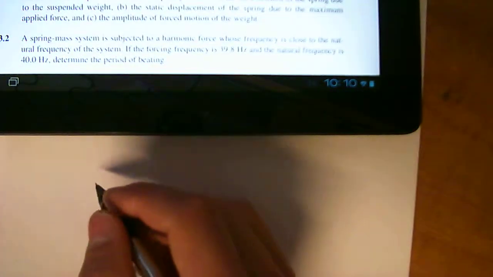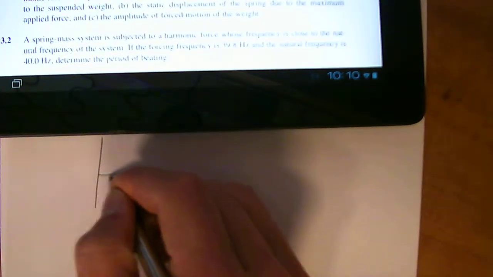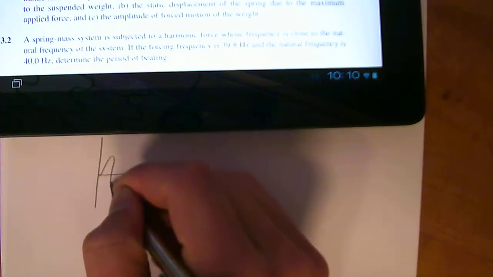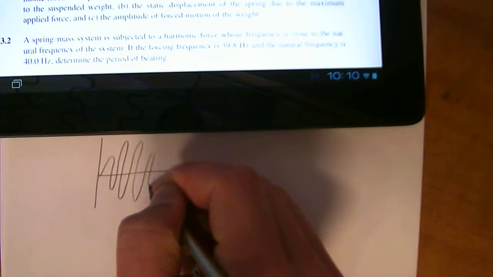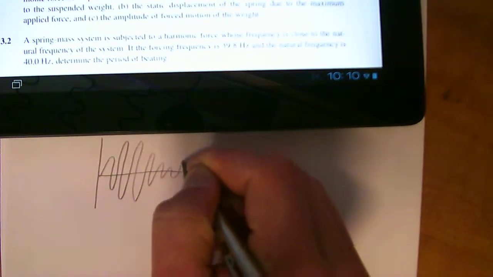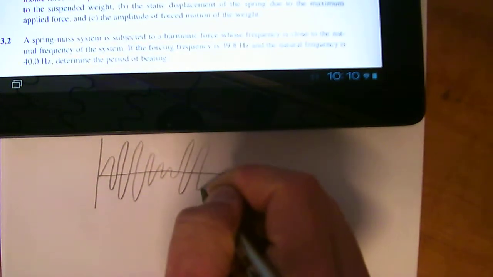of beating. Now, if you're not familiar with beats, it's basically where you have some sinusoidal function that forms basically a secondary set of waves.